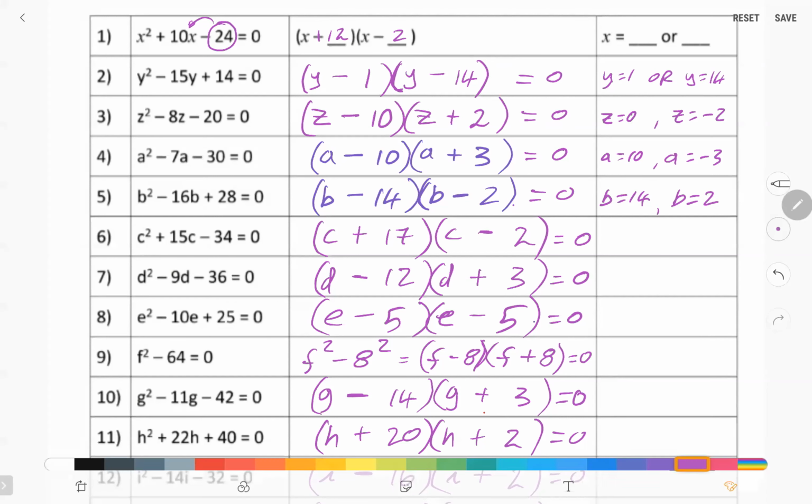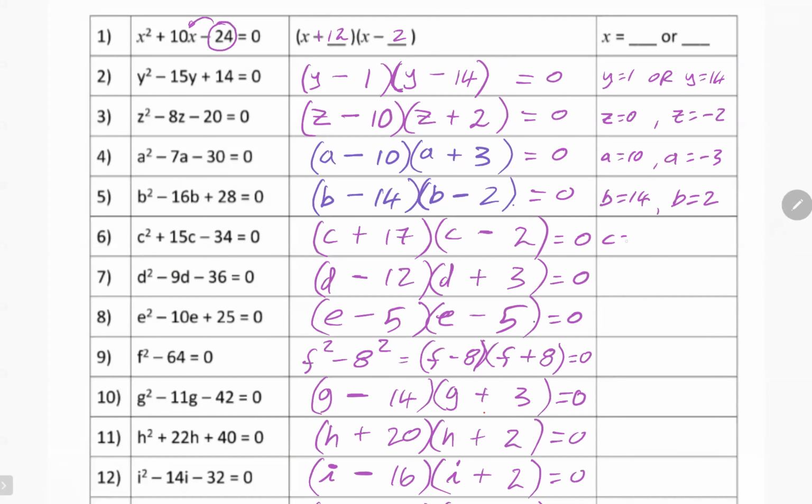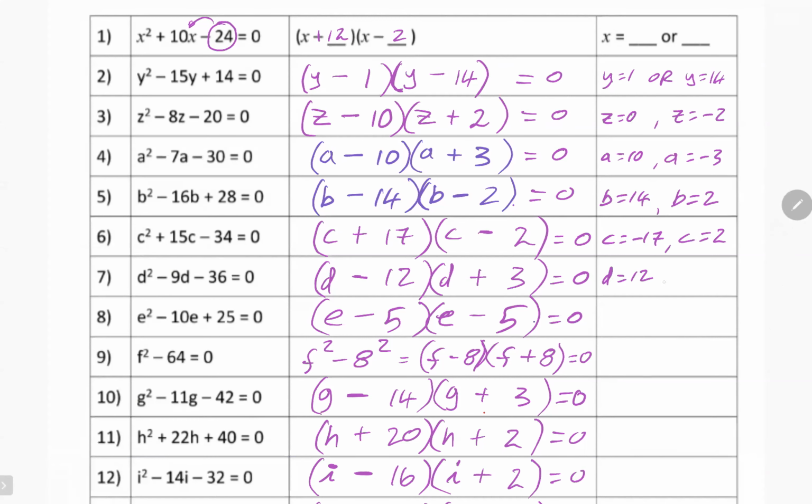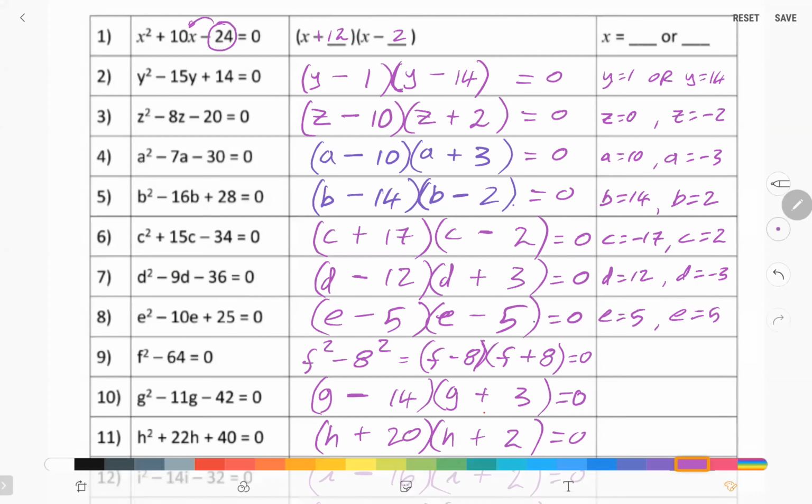Do you understand all of that work? Next one, c equals -17 or c equals 2. Next, d equals 12 or d equals -3. Next, e equals 5 or e equals 5, that's a repeated root, e equals 5 repeated.